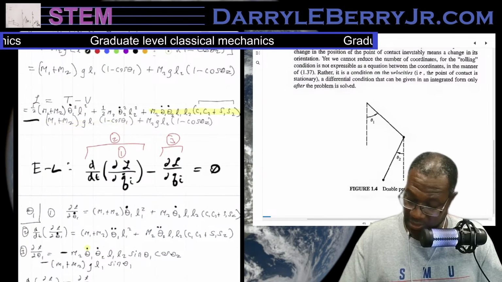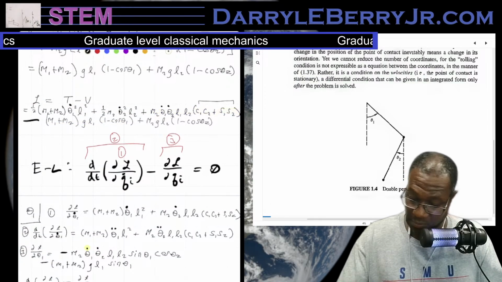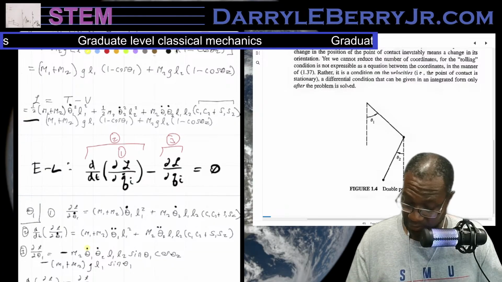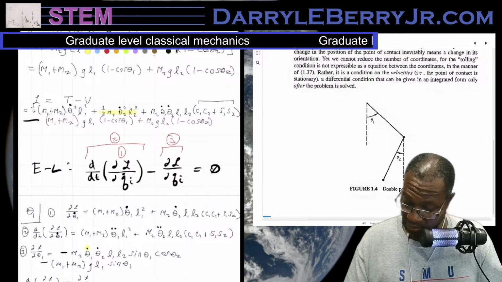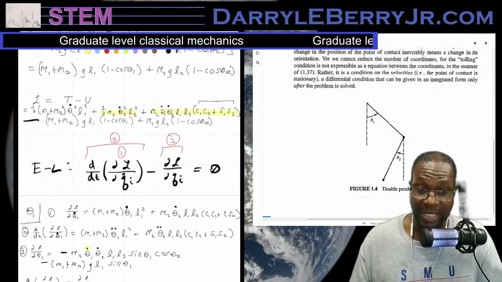So the ones I need now are going to be, this has theta 2 dot, and this has theta 2 dot.